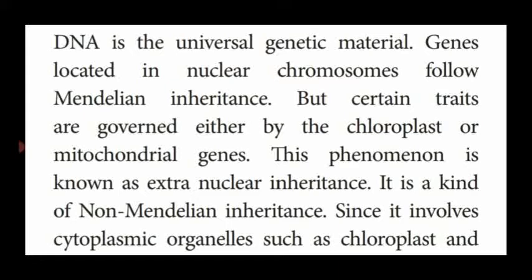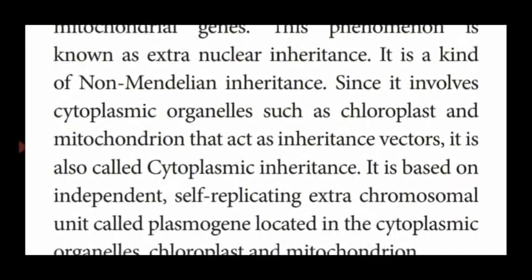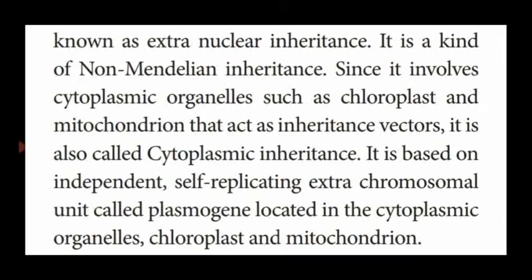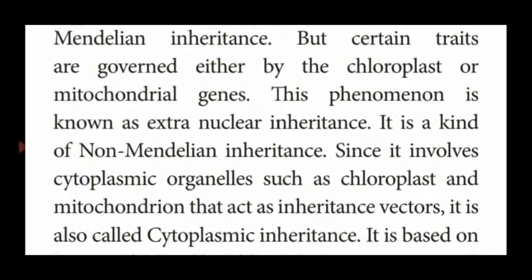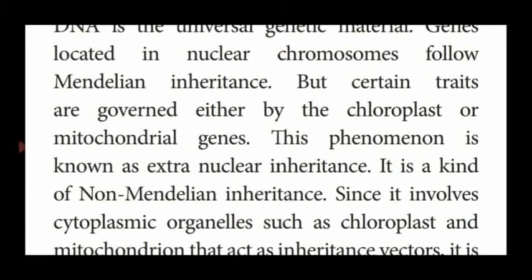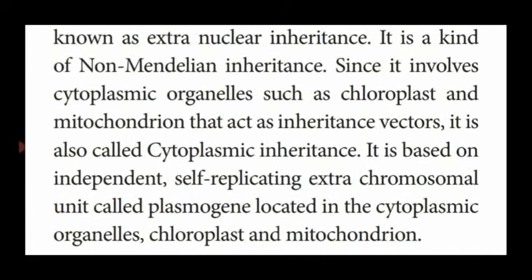This inheritance is named extranuclear inheritance, or extrachromosomal inheritance, or cytoplasmic inheritance, because the inheritance takes place in the cytoplasm of chloroplast or mitochondria. These two organelles act as inheritance vectors, that means they transmit the DNA. So it is named cytoplasmic inheritance.